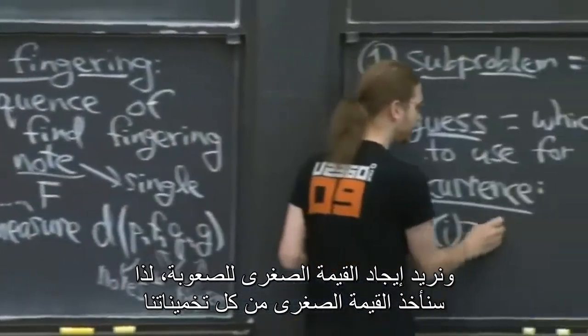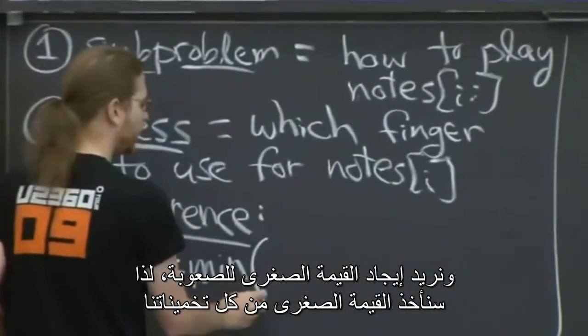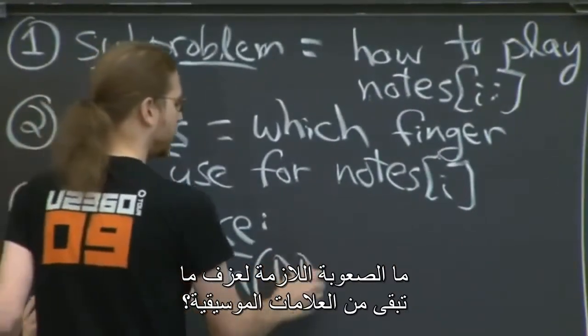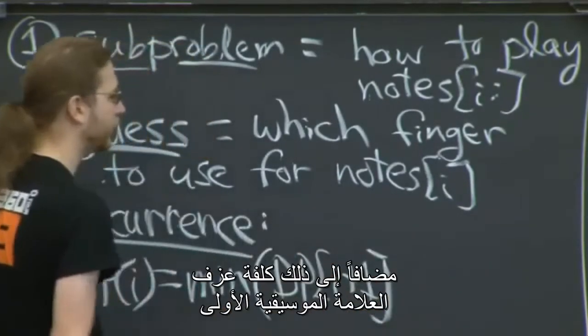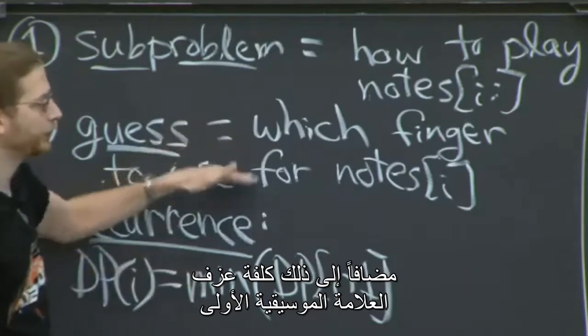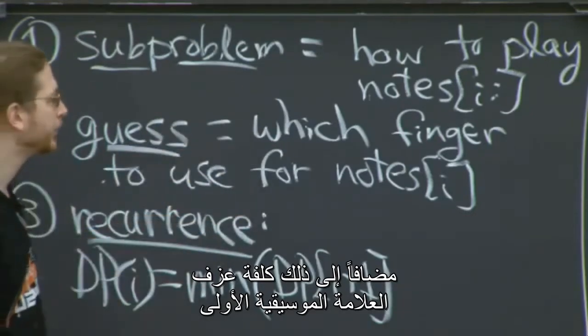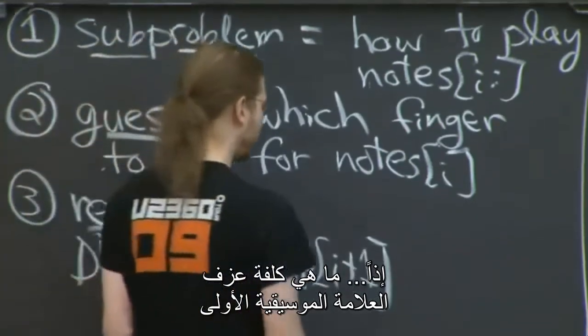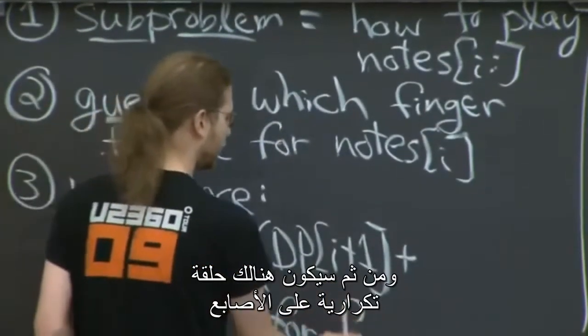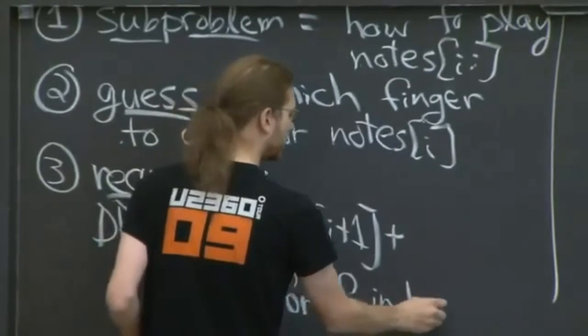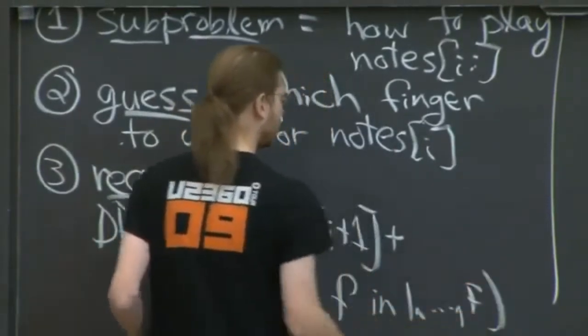So we'll take a min over all of our guesses of what it would take to play the rest of the notes, plus somehow the cost of playing the first note. And then there's going to be a for loop over fingers. That's going to be the min.